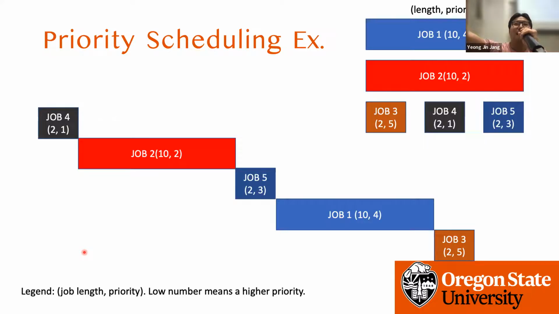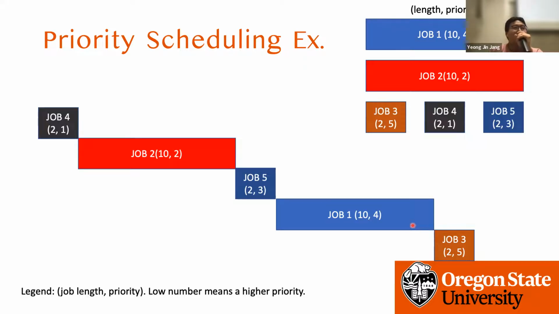So 0 is the highest priority, then 1, 2, 3, 4. If the priorities are set like this, then the scheduler will choose priority 1 first, that's job 4. Next is priority 2, then priority 3, 4, and 5. This is how the priority scheduling can run, strictly based on the priority.